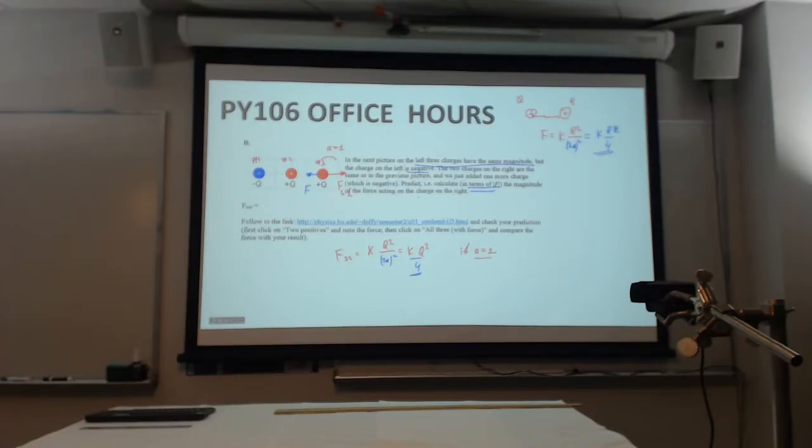F on 3 from 1. The magnitude is supposed to be equal to K, again, Q squared over... Now we have to count distance. 1, 2, 3, 4. So 4A squared, or K Q squared over 16, if we use this. Okay.